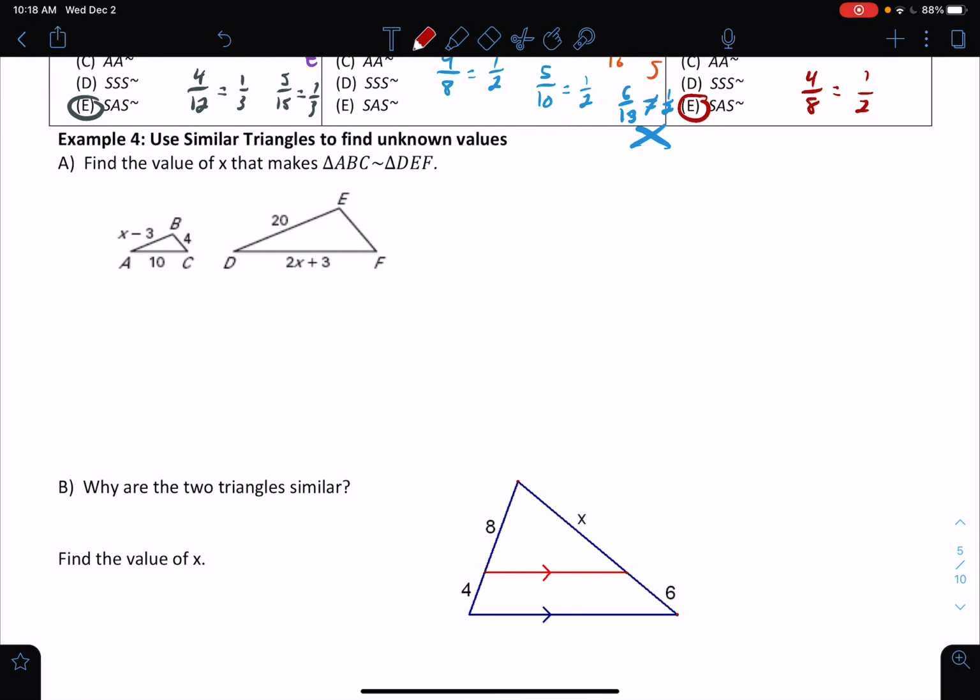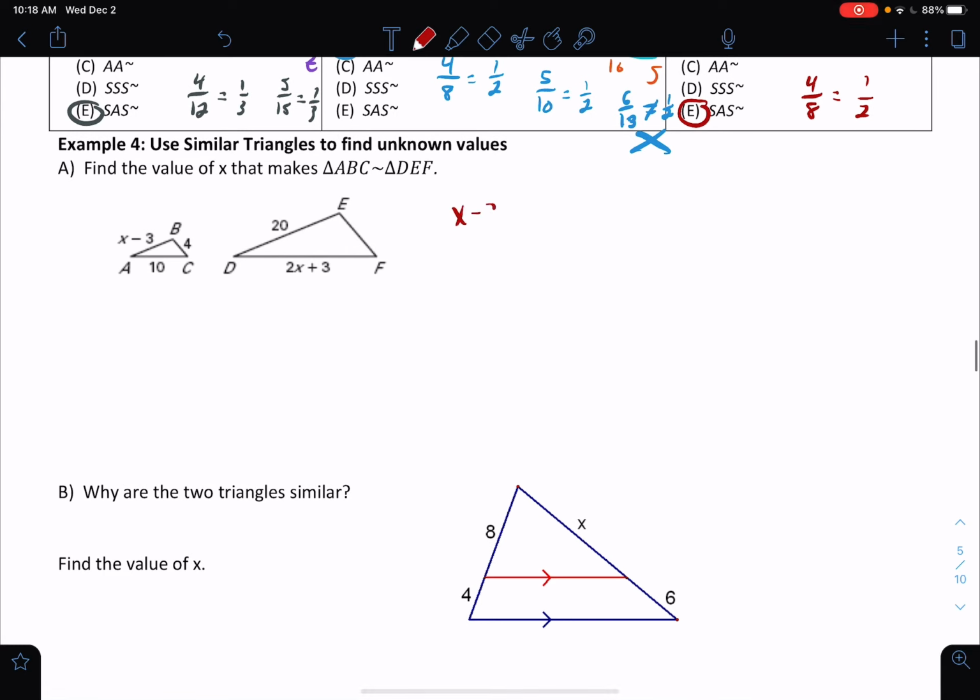So find the value of x that makes these two triangles similar using this similarity statement. All right, so let's match up corresponding parts in a ratio. So AB, x minus 3, is going to match up with DE, which is 20.